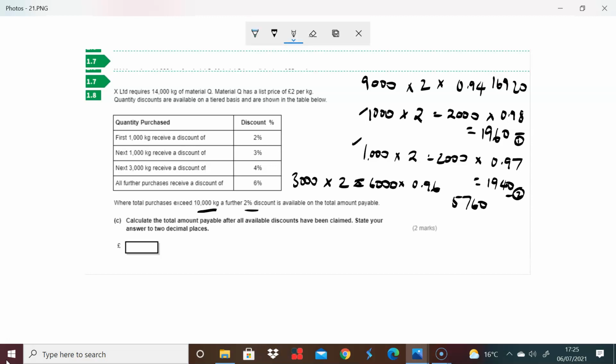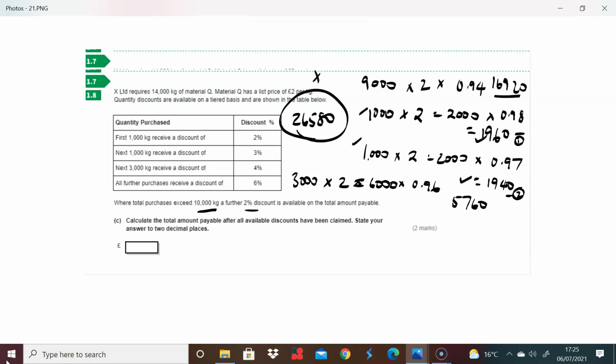So let's add all this first. So my task is to add this 16,920 plus 1,960, which is that one, plus 1,940, which is this one, plus 5,760, which is the last one. So you have a total of 26,580. And it's now saying you get a further 2% discount off this.